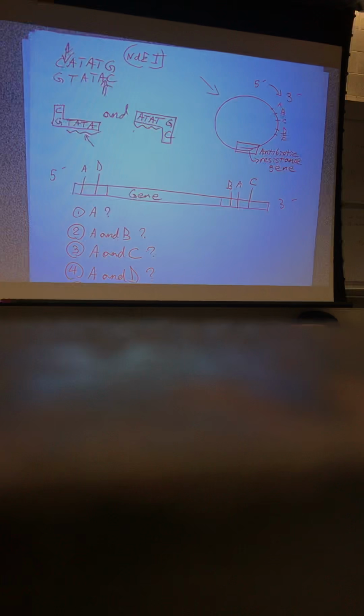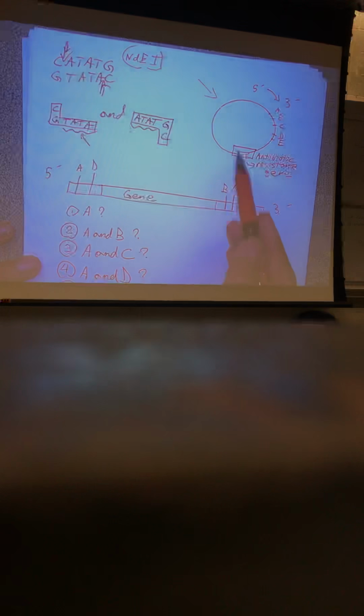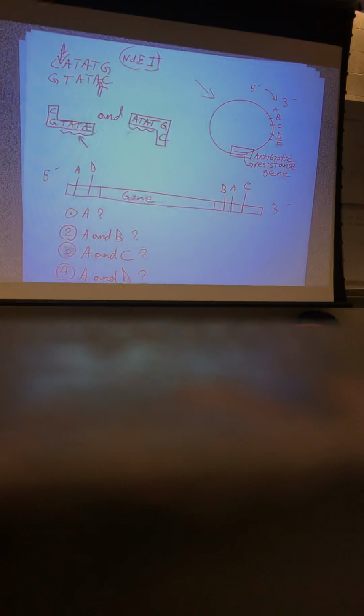You will know that it incorporated the plasmid if it also gained the resistance to a particular antibiotic. Okay? Now this isn't as dangerous as it sounds. Usually the antibiotic resistance is some weak antibiotic that we just use to filter out the correct bacteria from the incorrect bacteria. But this is very critical here. You must have an antibiotic resistance gene so that you know which bacteria in your petri dish has successfully incorporated the plasmid.